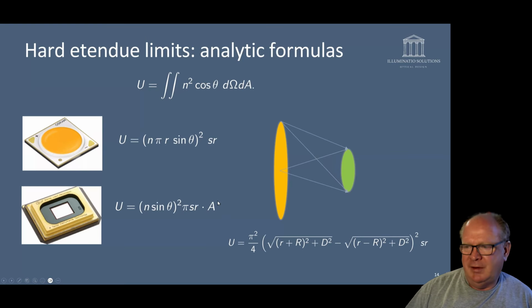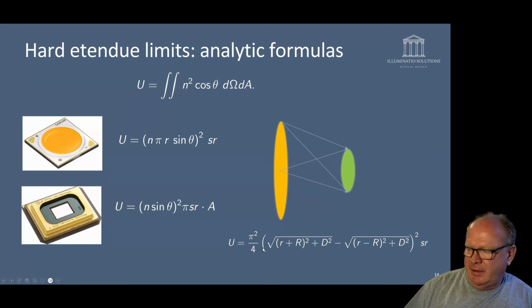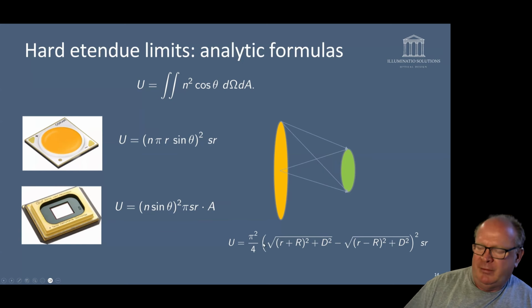In some cases, the angular distribution of every area element on the source may not be given by a certain angle, but by a kind of exit pupil, which is shown here in this diagram. This defines a light tube, and the étendue of a light tube is given by Hottel's formula.